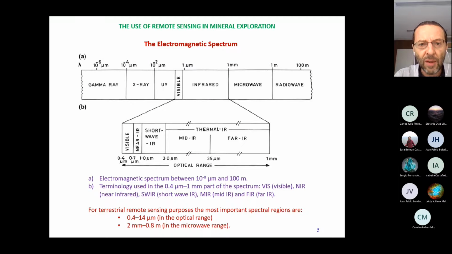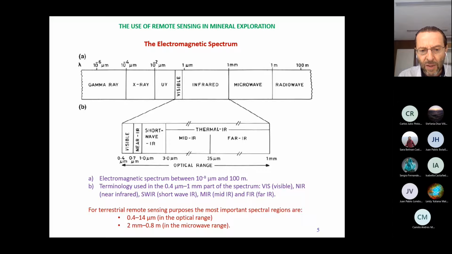Now, let's go to remote sensing. And of course, you are taking this course, you've seen this. Just as a very brief refresher, from the electromagnetic spectrum, these technologies that we call remote sensing basically use segments from the optical range.